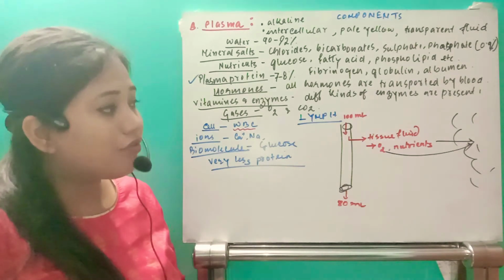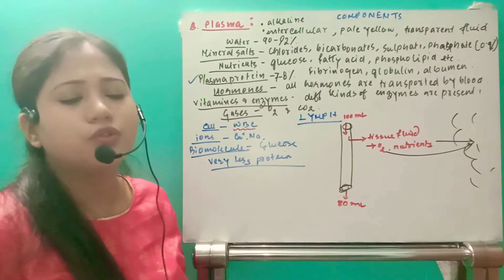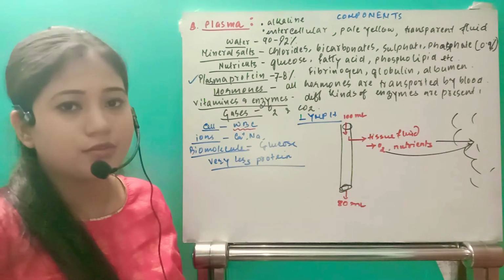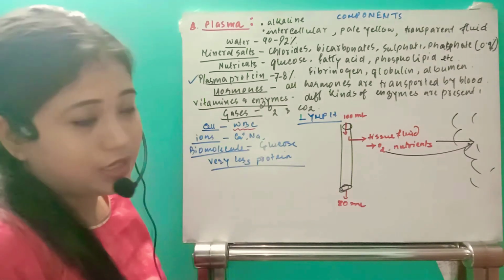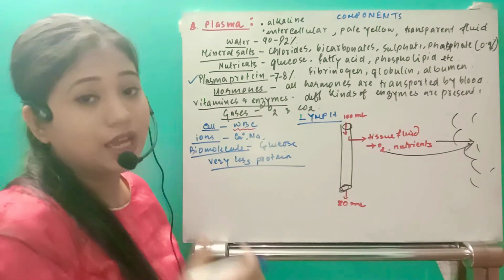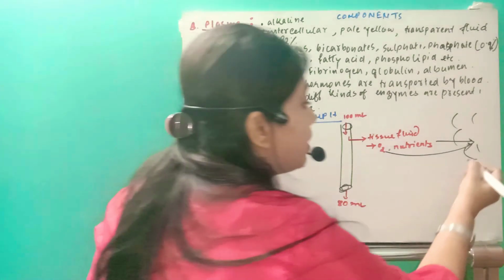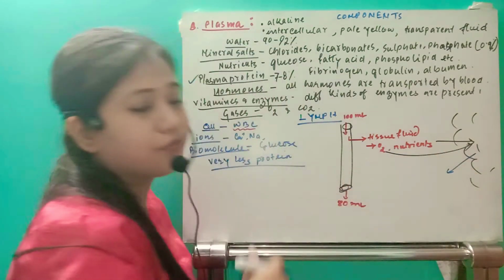Now after some time, what will happen? The cell will undergo its own metabolism, and after that it is going to produce carbon dioxide. That carbon dioxide and the nitrogenous waste product will be pushed once again into the same fluid.